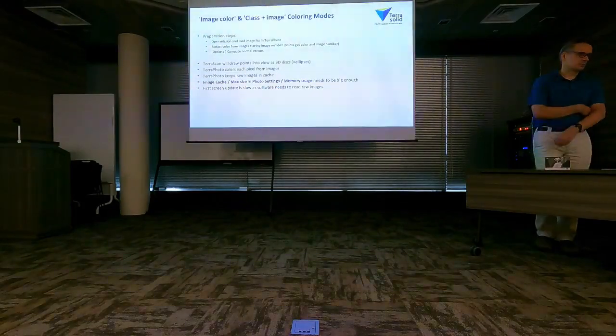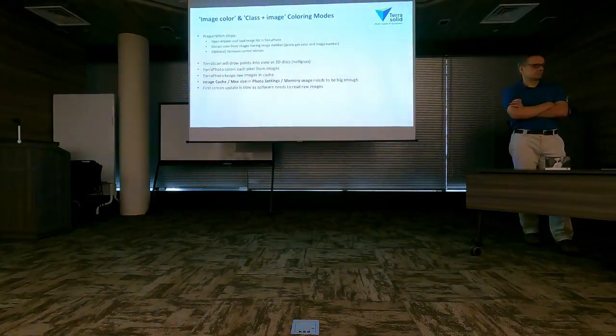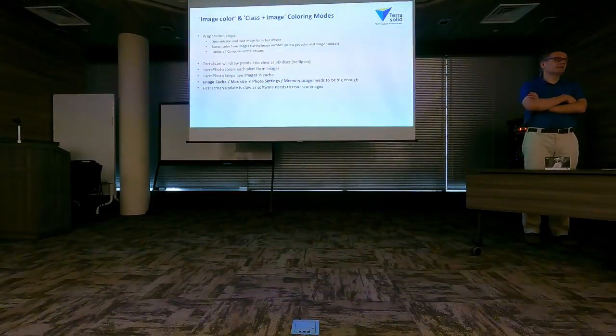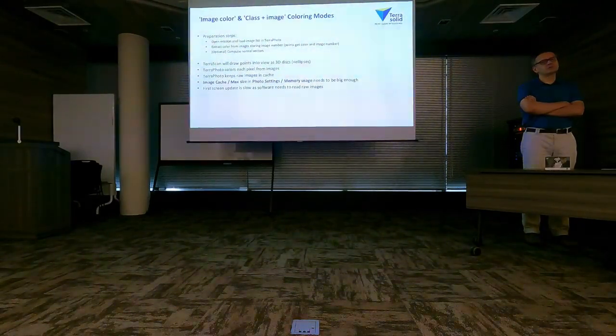And every time a view is updated, TerraPhoto gets colors for pixels from the raw images. And for this to be fast enough, TerraPhoto must be able to keep enough of the raw images in memory.